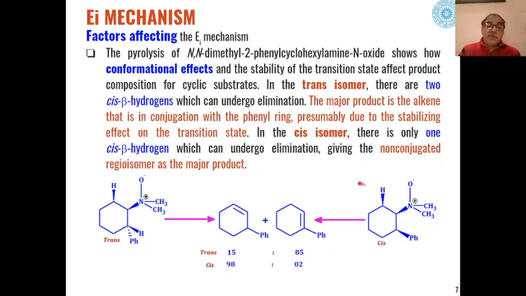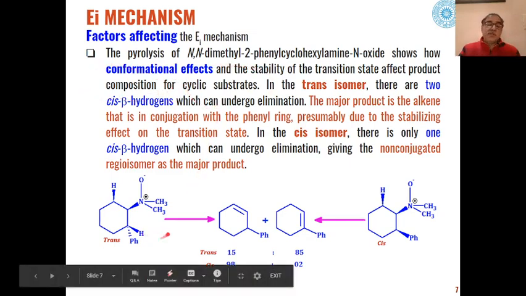Then one more example is the conformational effect, which very much determines which type of product will be formed in these reactions. This depends on the stability of the transition state for formation of different products in case of a cyclic substrate.